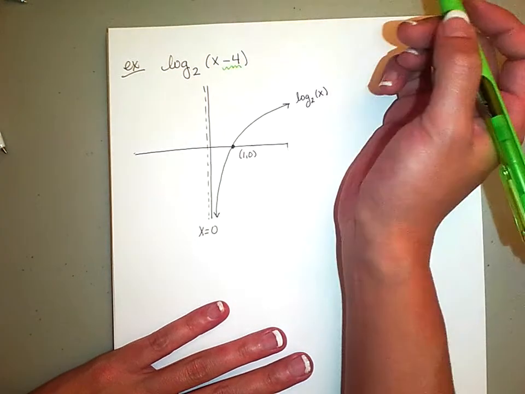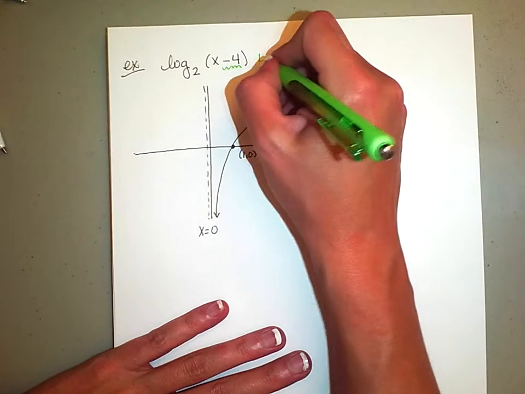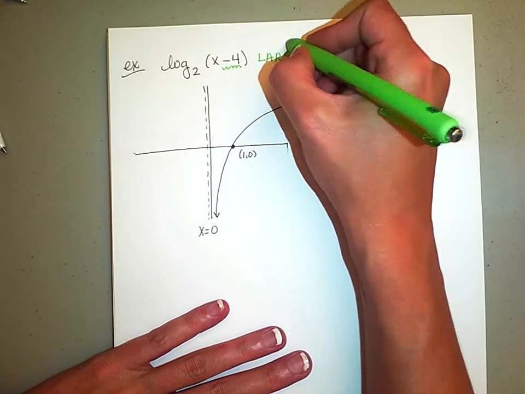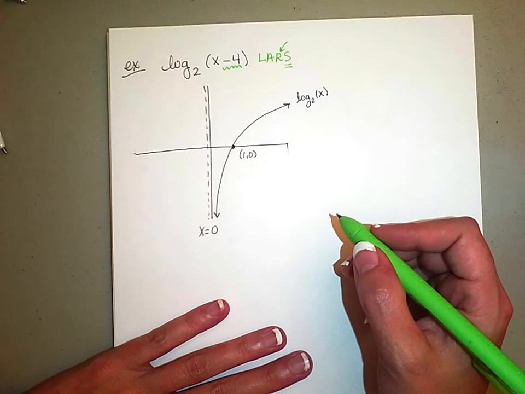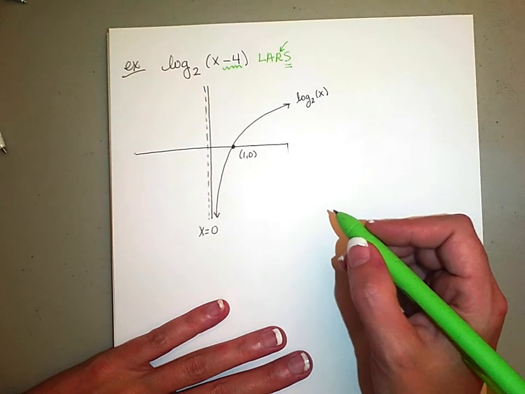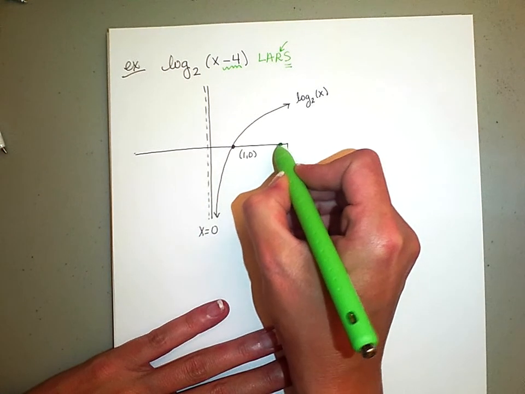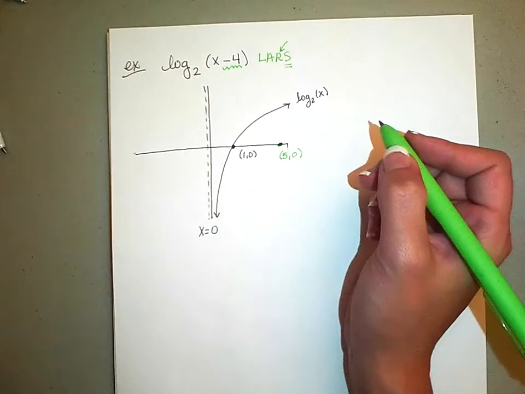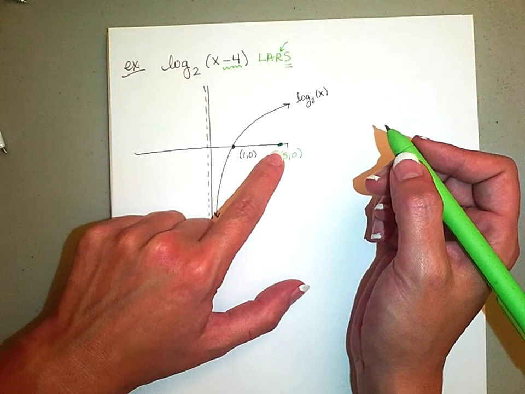So what we're now looking at is how this x minus 4 affects it. And remember, since I am subtracting, I must be moving right. So everything has to move right 4 units. So now, instead of being at 1, 0, I have an x-intercept at 5, 0.